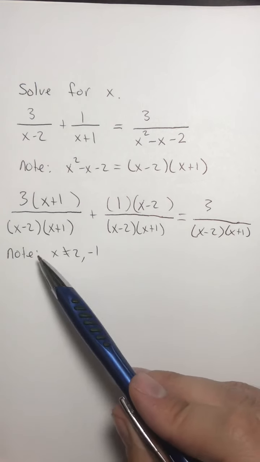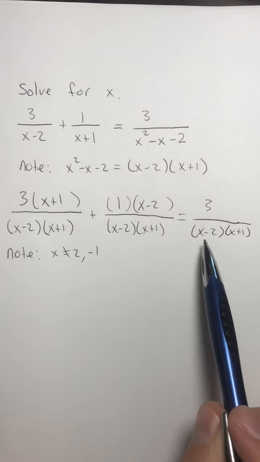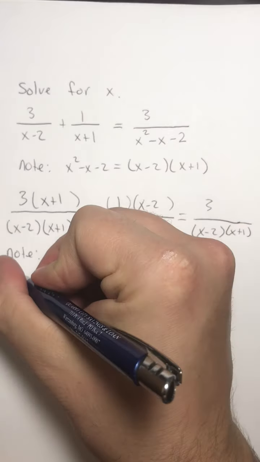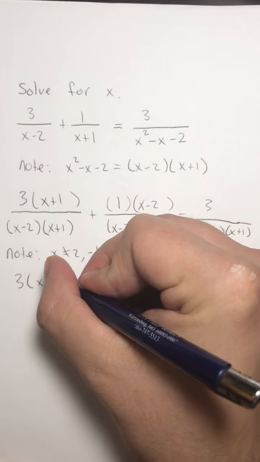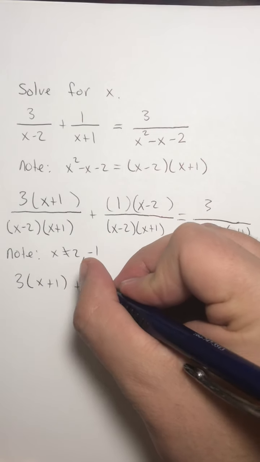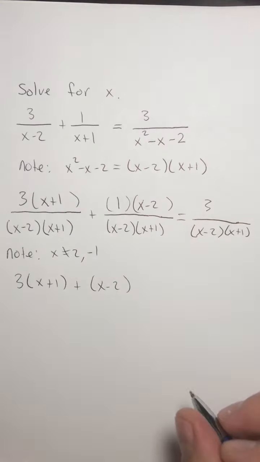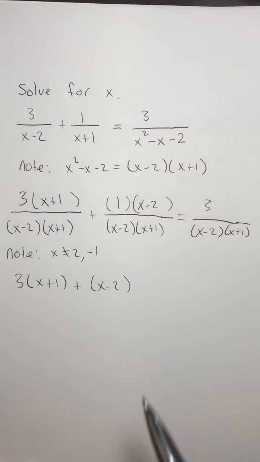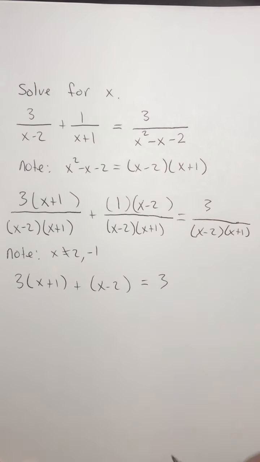Now the property that if each rational expression in the equation has the same denominator, the numerators must be equal. So on the left-hand side of this equation, we have 3 times the quantity x plus 1 plus 1 times the quantity x minus 2, and that has to equal 3.